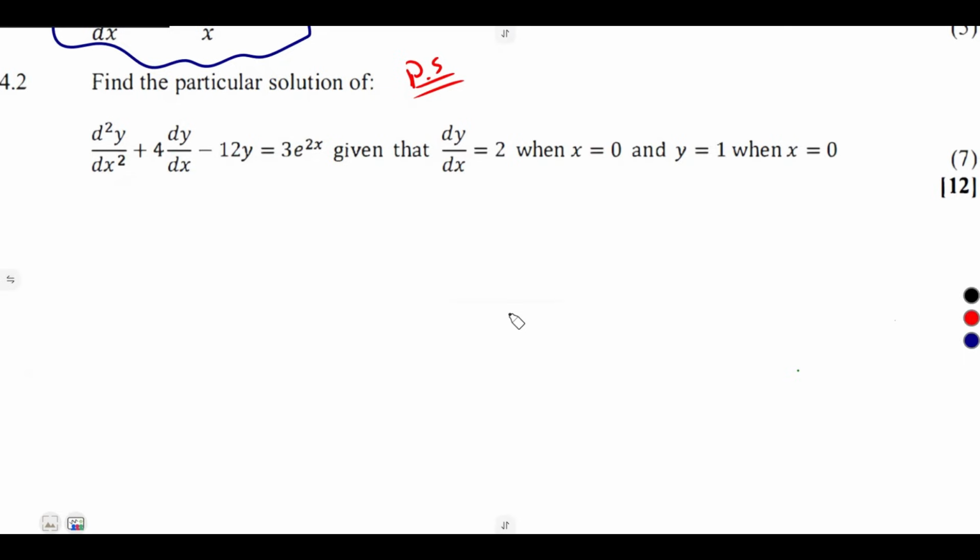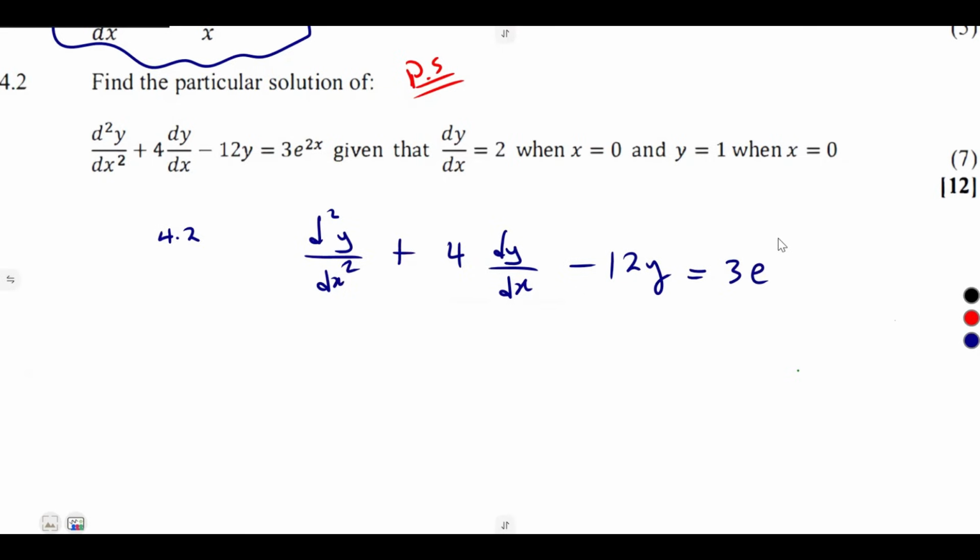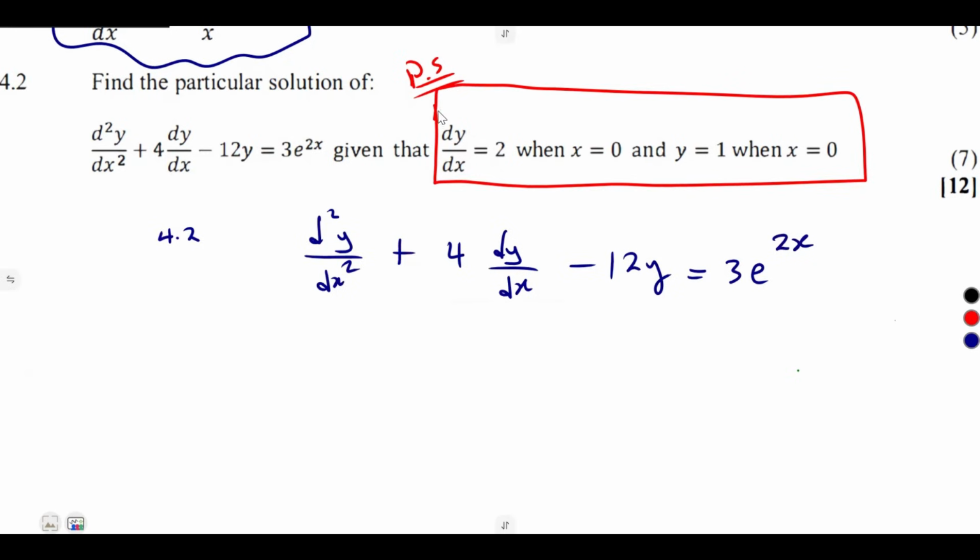All right. So first of all, it is the format. Let's just take our equation as it is. The second derivative of y with respect to x plus 4 dy/dx minus 12y is equal to 3e to the exponent of 2x. We are going to look into these conditions later on as we determine the particular solution.